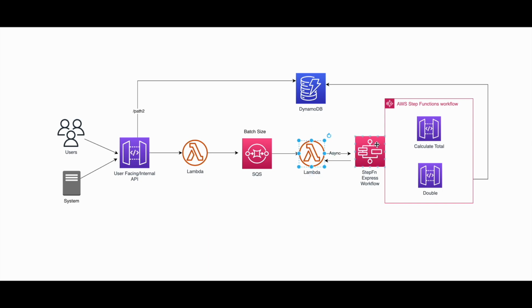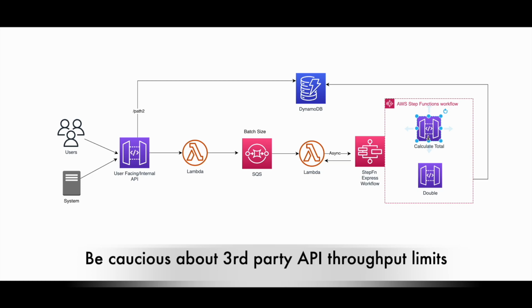Since Lambda is invoking these Step Functions workflows asynchronously, we could have a bunch of Step Functions executions running in parallel. In such a case, you should consider whatever third-party services you are calling within the Step Functions workflow.